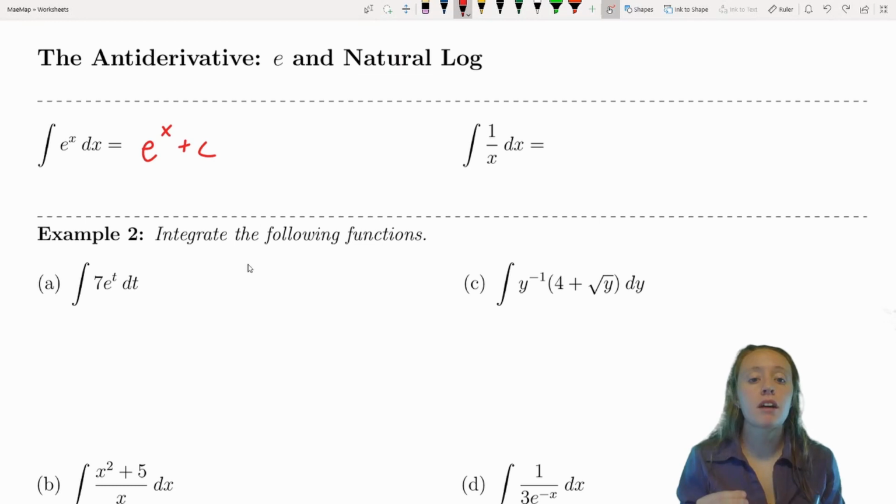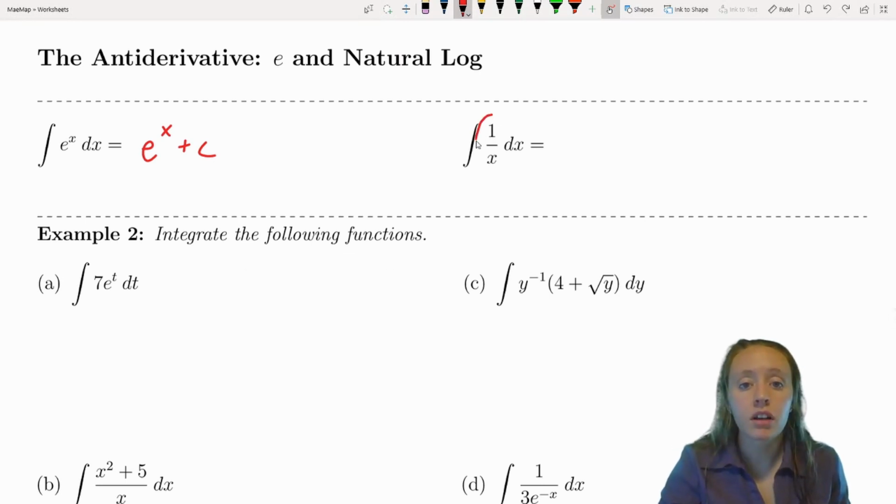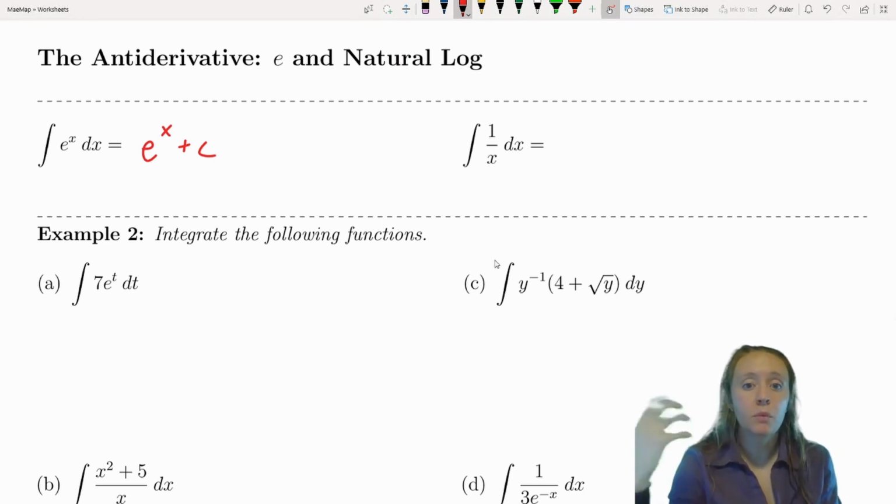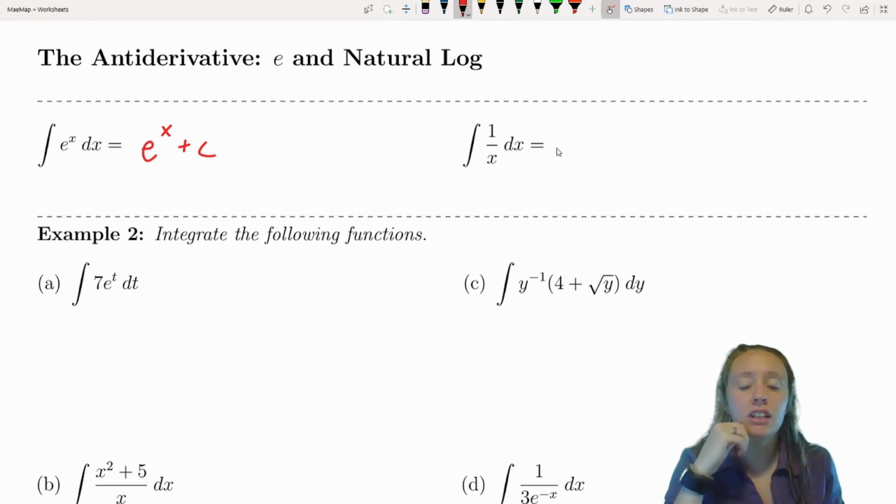Now remember up above, I said our power rule works as long as our exponent isn't a negative 1. Because if it is the negative 1, we get 1 over x. But think back to differentiation. When we took the derivative of something, we got 1 over x, and that was the natural log.